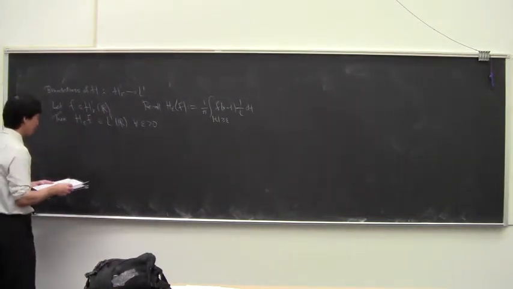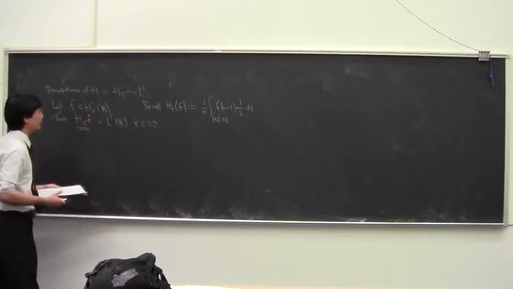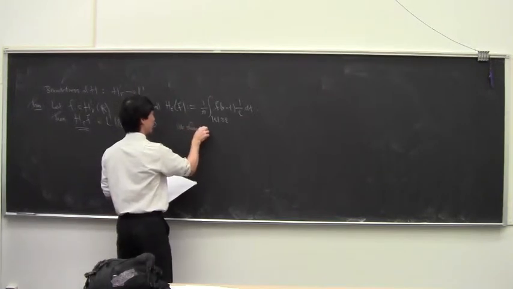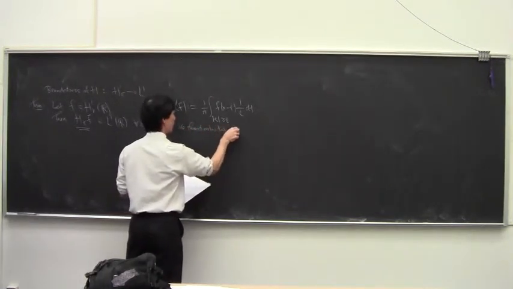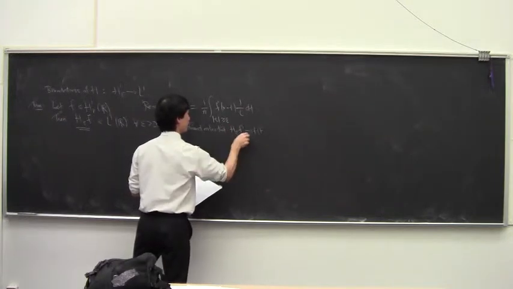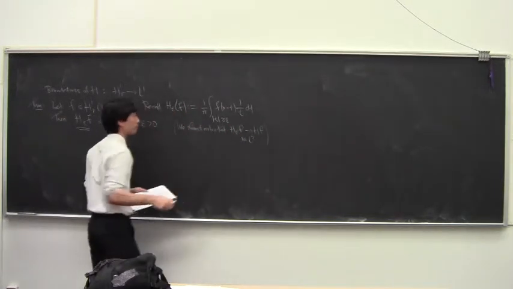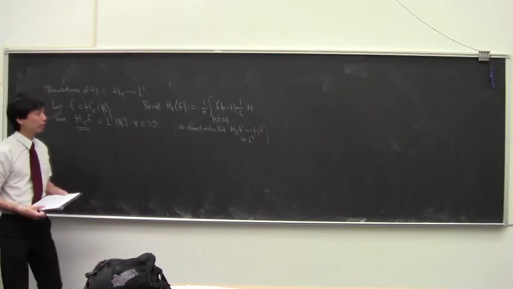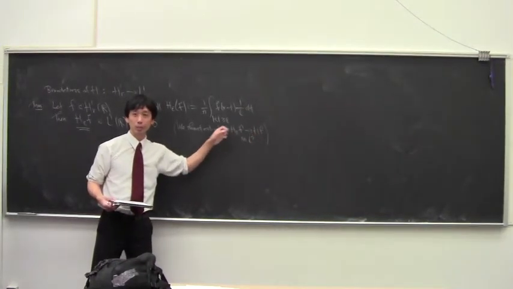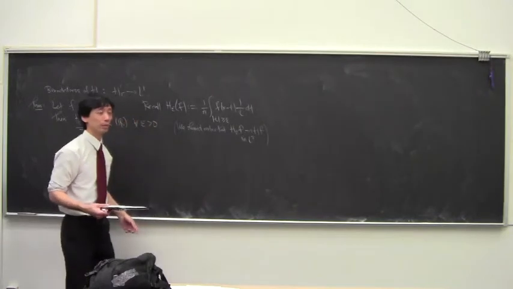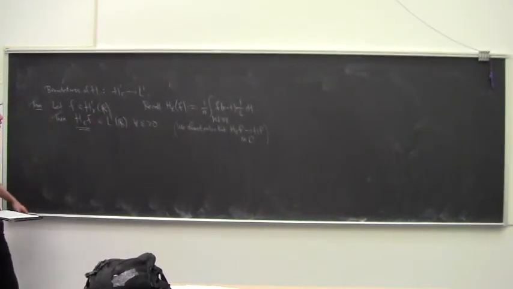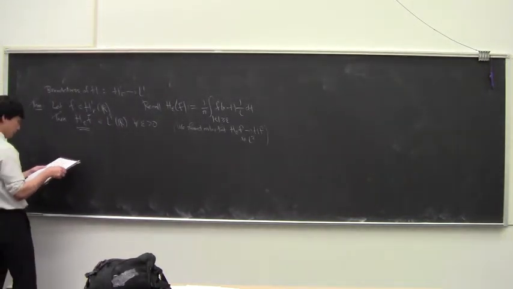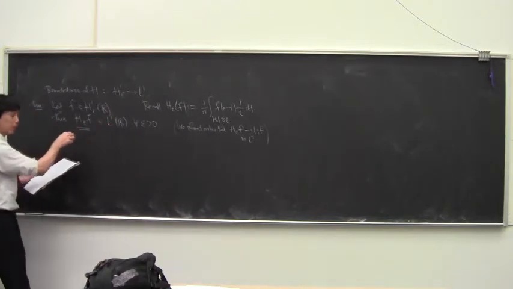Okay. So we're going to show what we showed earlier. You recall we showed earlier that H epsilon F converges to HF in L2. And that's how we showed that the Hilbert transform could be realized as a singular integral in this sense. Okay. So these guys all turn out to be in L1.